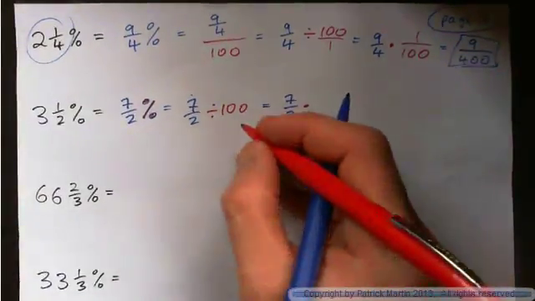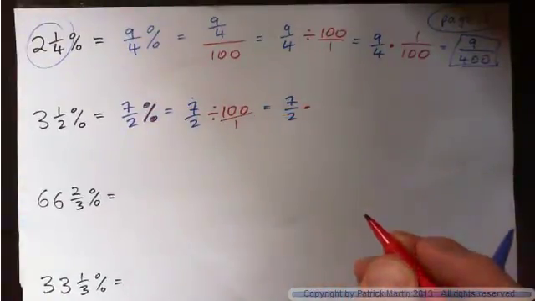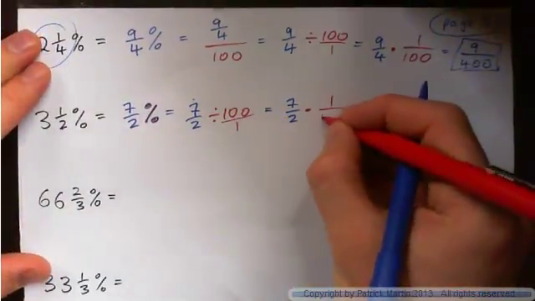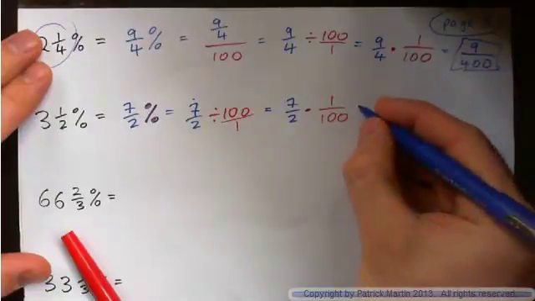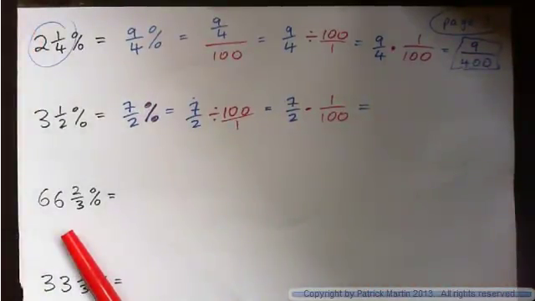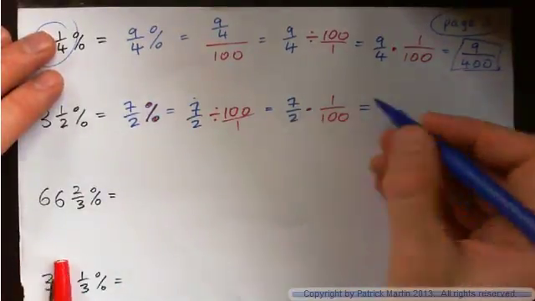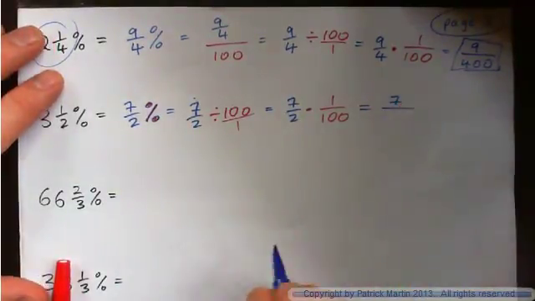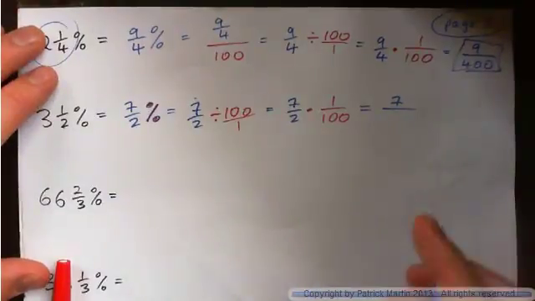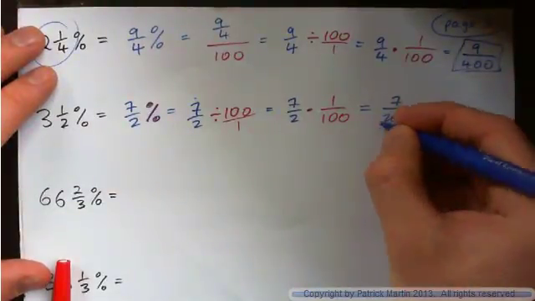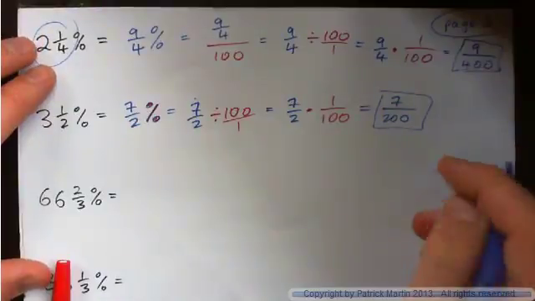So if you're dividing by 100, or 100 over 1, you're multiplying by 1 over 100. And that gives you what? If you multiply fractions, just multiply the tops, and then multiply the bottoms, and then you have the answer. 7 times 1 is 7. What's 2 times 100? 200. Okay, multiply the tops, multiply the bottoms, you're done, right?